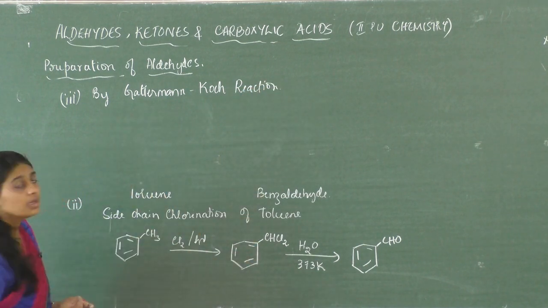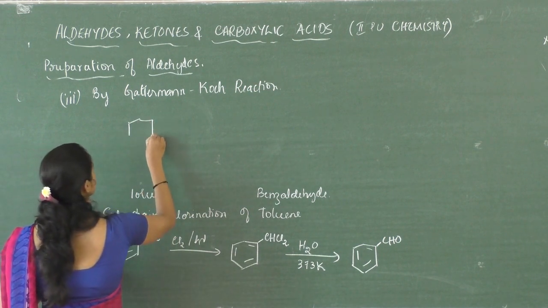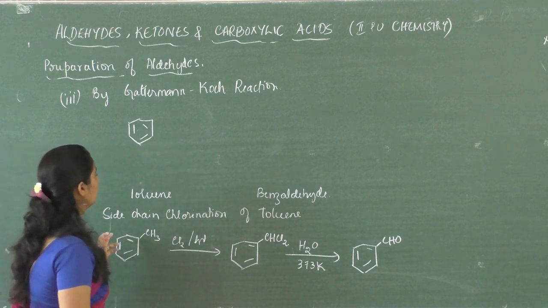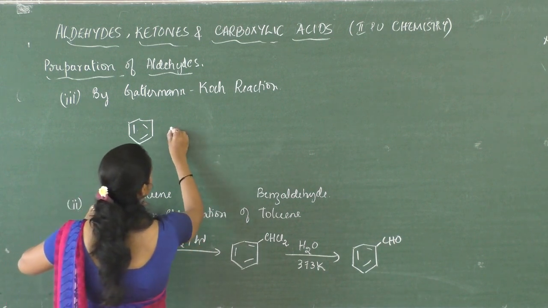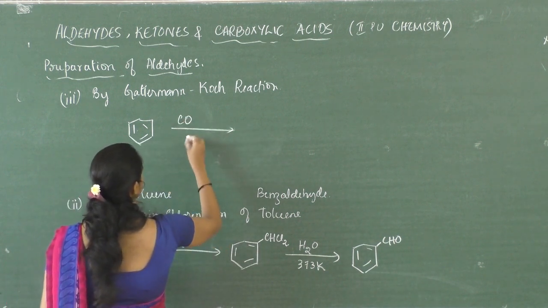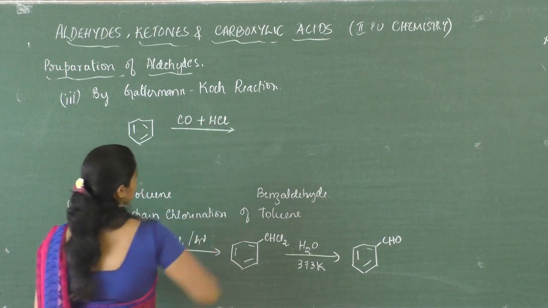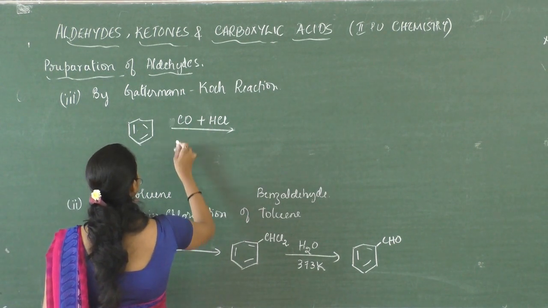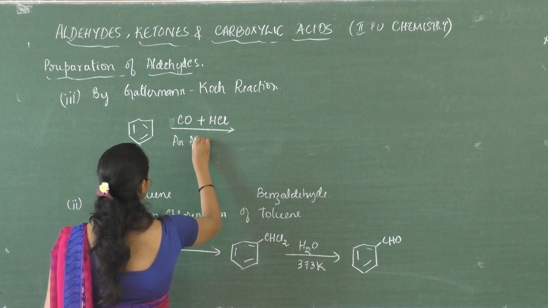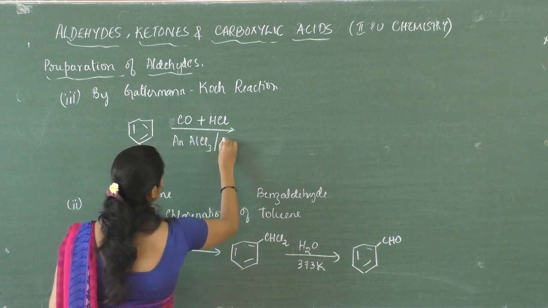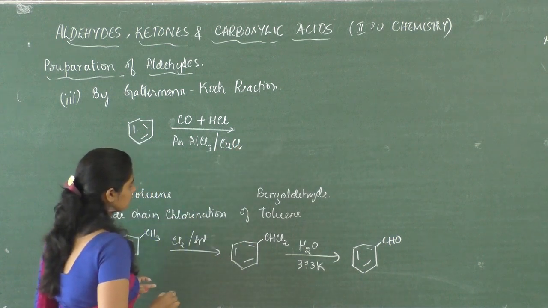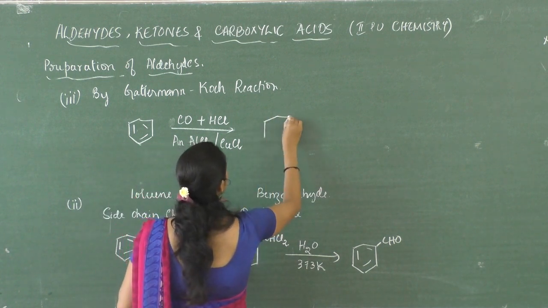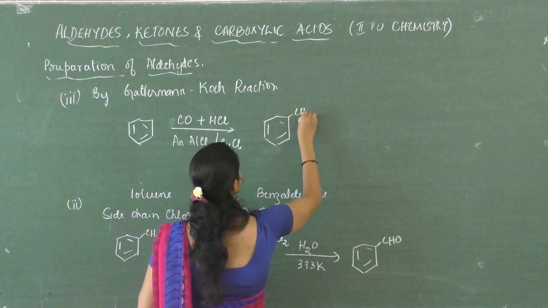Very, very important. So when benzene or its derivatives are treated with a mixture of carbon monoxide and hydrochloric acid, that is HCl, in the presence of anhydrous aluminium chloride, you need to mention anhydrous aluminium chloride AlCl3, or else cuprous chloride, you will get aldehyde as a product.